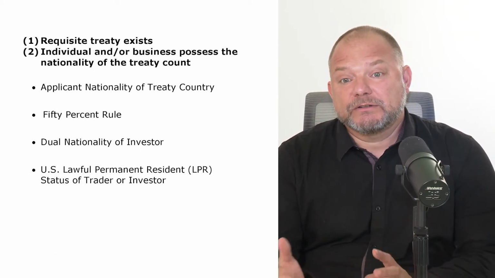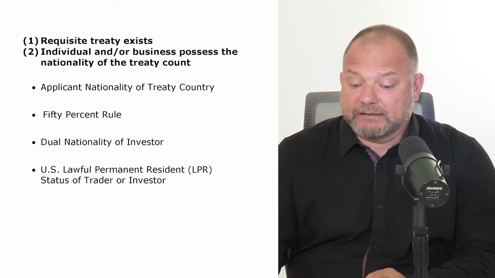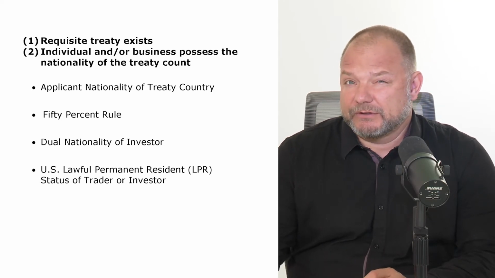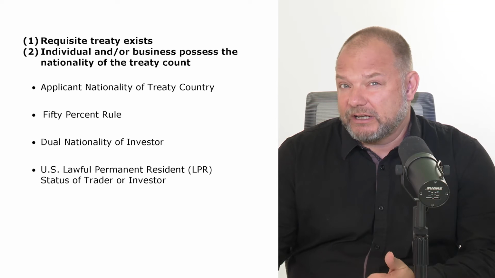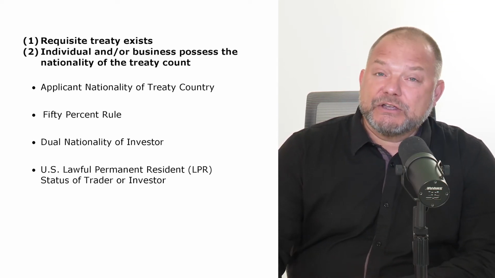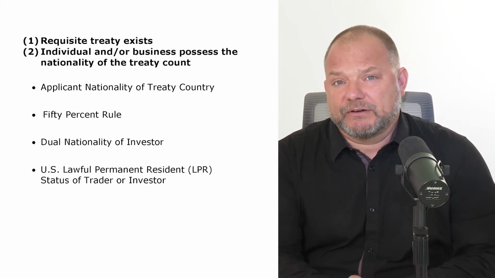Okay, so let me go into a little bit more detail about the requirements. Let's start with the first 2 requirements, the treaty and the nationality of the applicant. Here we have the 50% rule.